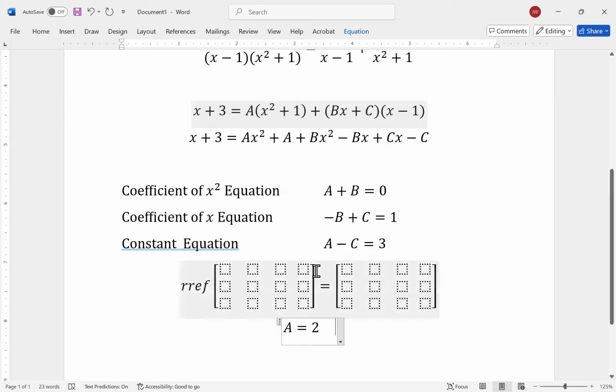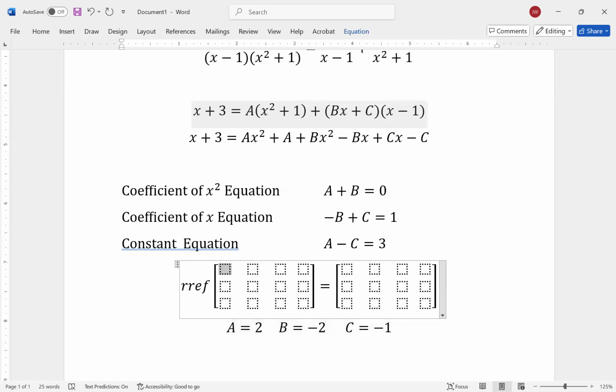If A is 2, then A plus B having to equal 0 means B would have to be negative 2. And if A is 2, then this last equation means that C has to be negative 1. You could also have plugged in negative 2 here and seen that C has to be negative 1 in the second equation as well.